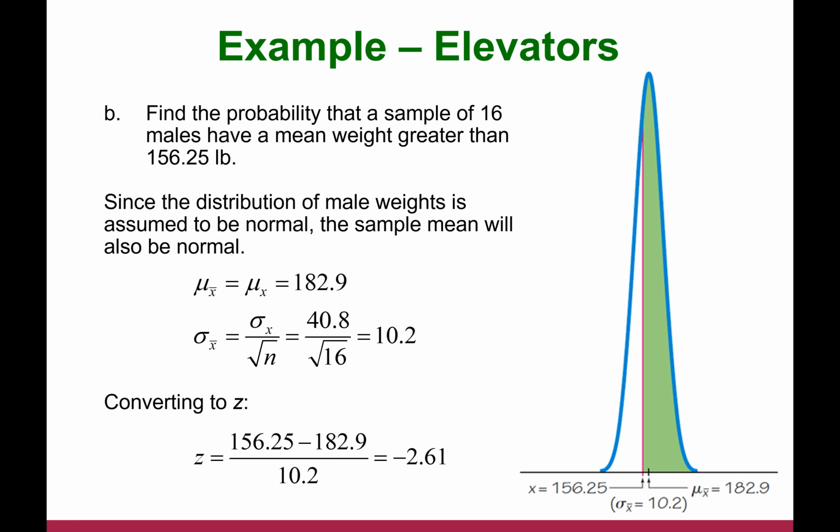Now find the probability that a sample of 16 males have an average weight greater than 156.25.